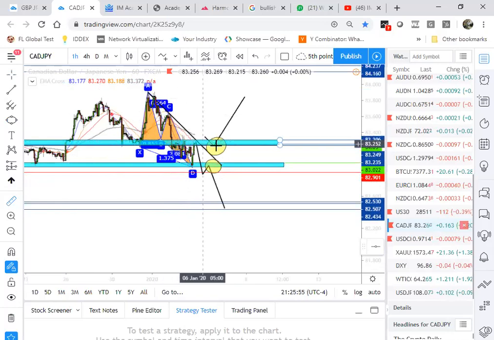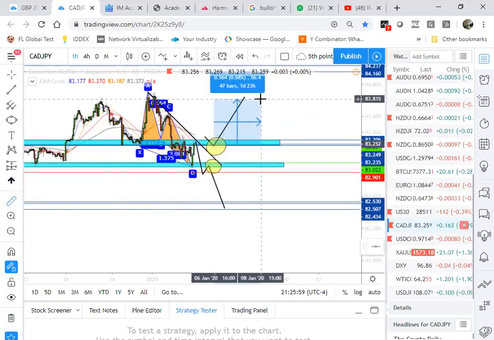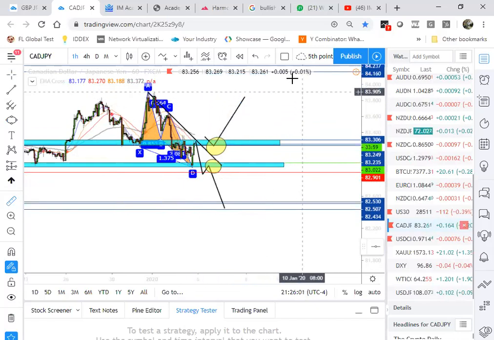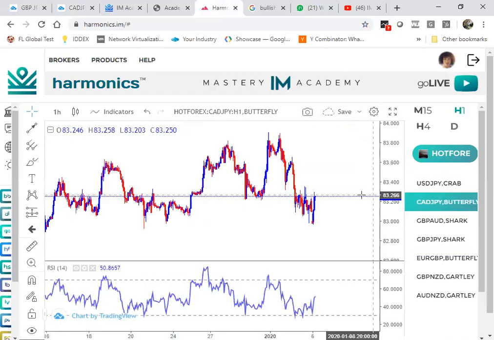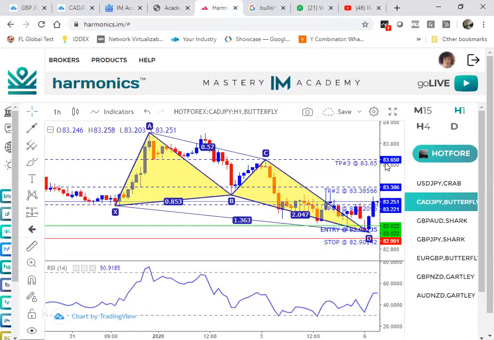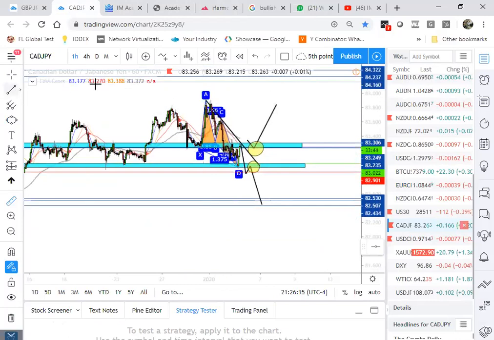And so the kind of pips we're looking for here is about 50 pips. Let me just check to see take profit 3 on the scanner. Take profit 3 is 83.65, right? 83.65.